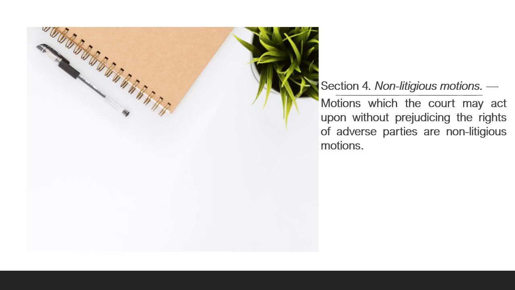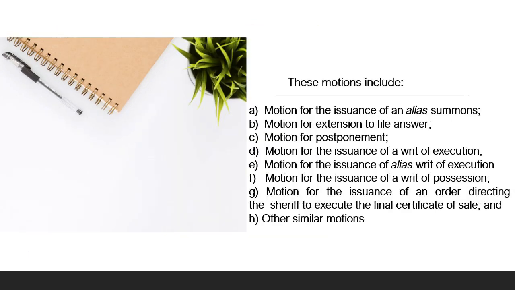Motions which the court may act upon without prejudicing the rights of adverse parties are non-litigious motions. These motions include: a. Motion for the issuance of an alias summons. b. Motion for extension to file answer. c. Motion for postponement. d.